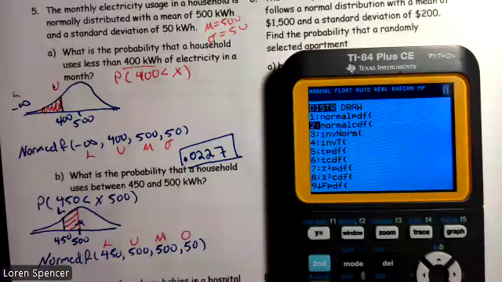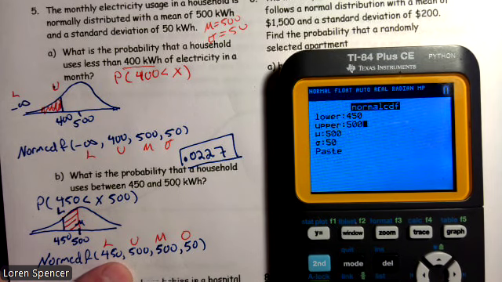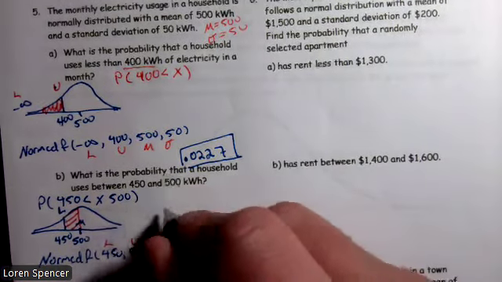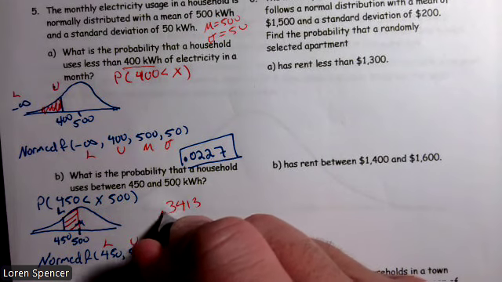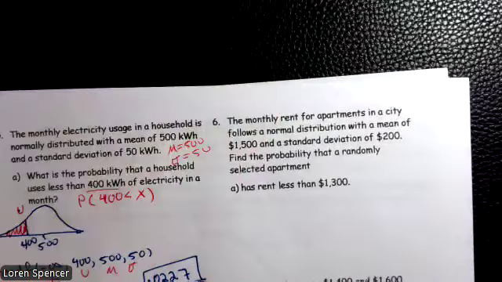Second vars, norm CDF. My lower part of my shading was 450. The upper part of my shading was 500. And we end up with 34%, which makes sense. It should be about half of 68. So 0.3413.